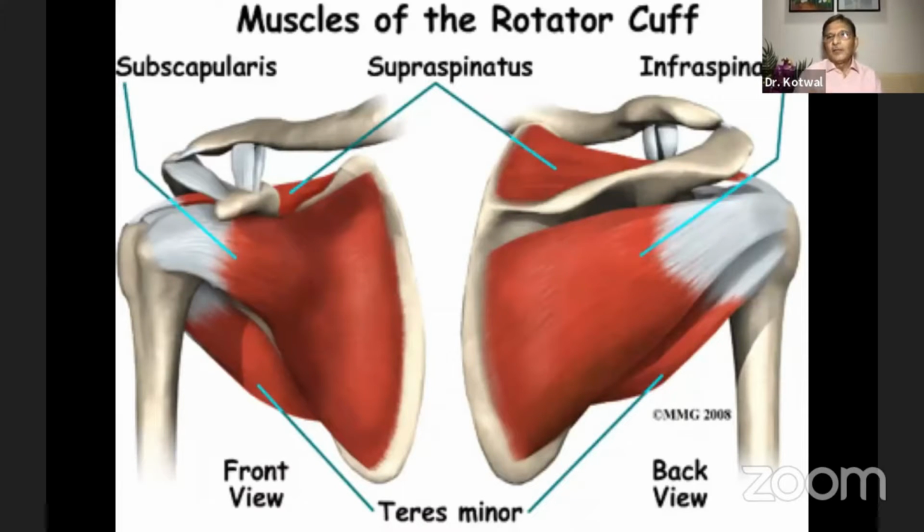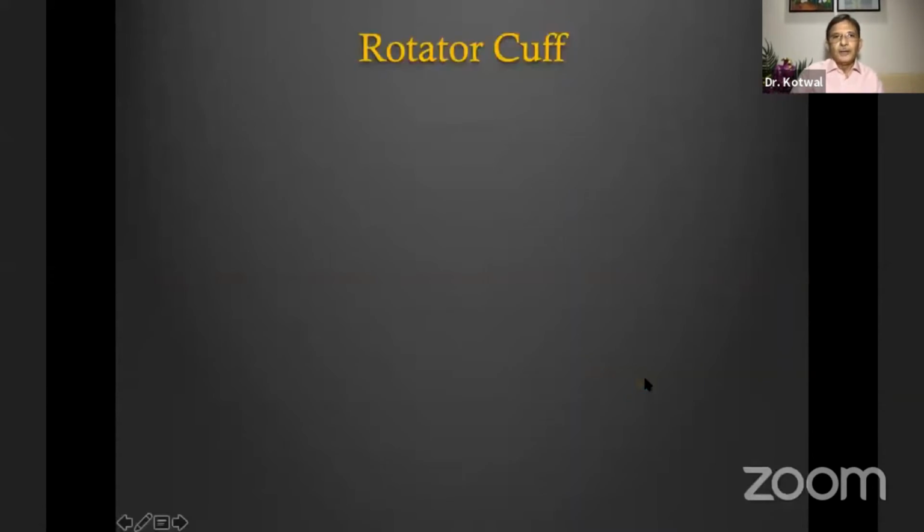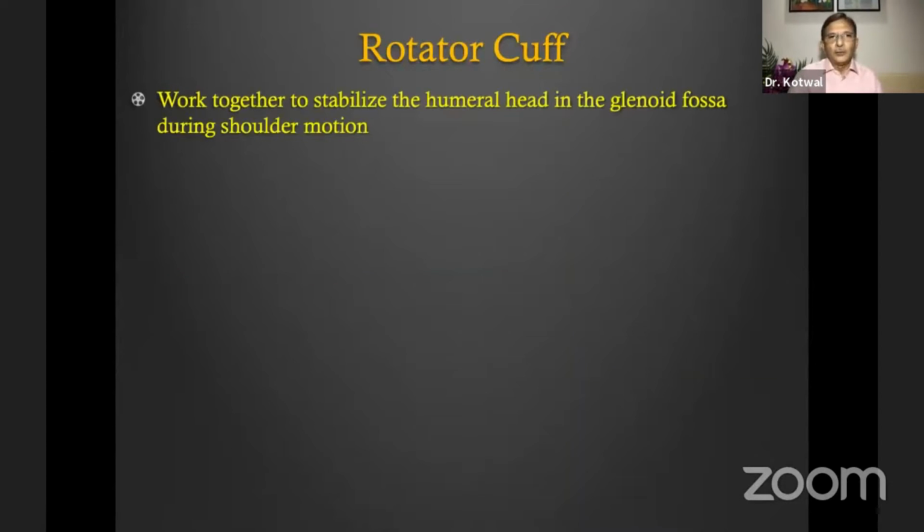So let's recapitulate the anatomy. The rotator cuff muscles consist of four: the subscapularis, supraspinatus, infraspinatus, and teres minor. All of them work together to stabilize the humeral head in the glenoid fossa during shoulder motion.